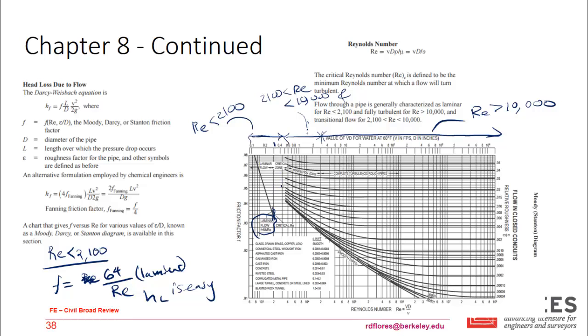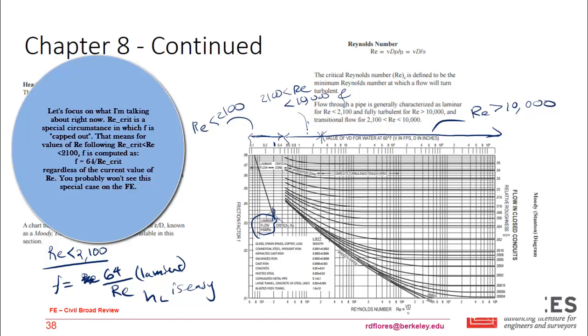Now, technically, there's a critical zone, but for the critical Reynolds number, you sort of cap out. So the critical zone is sort of a special case.